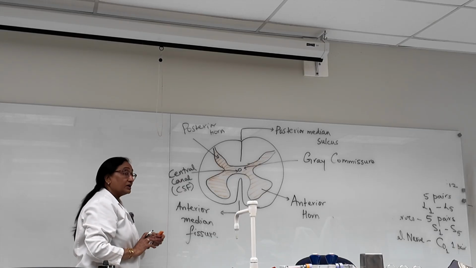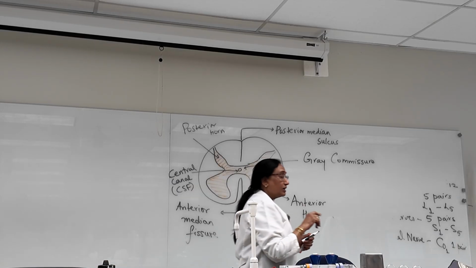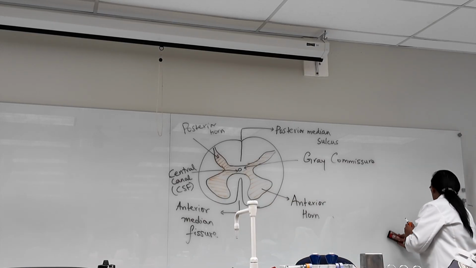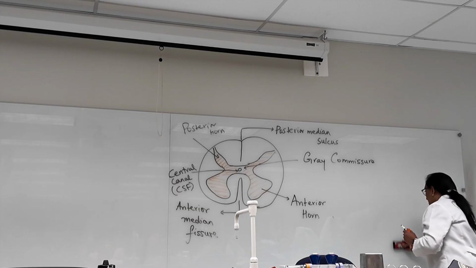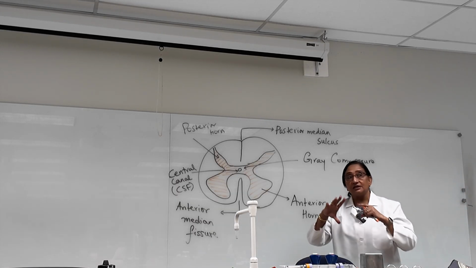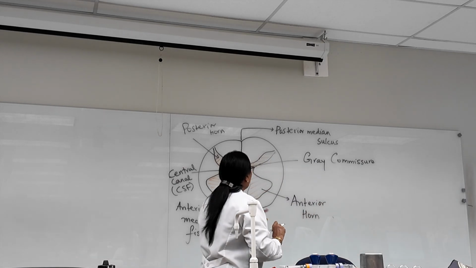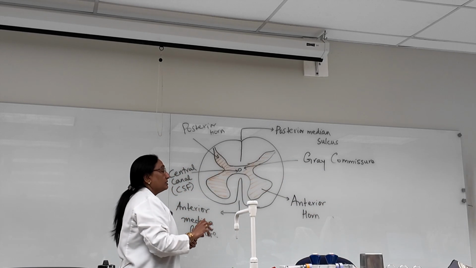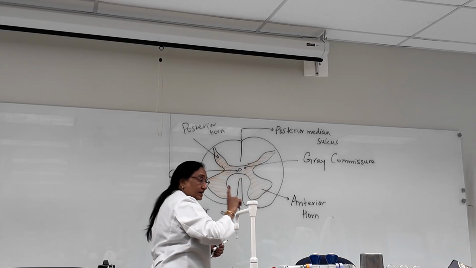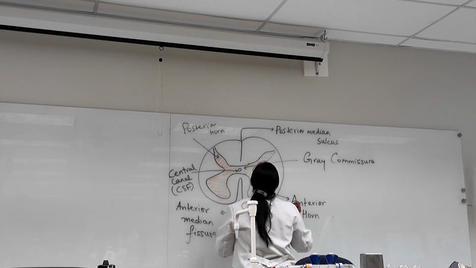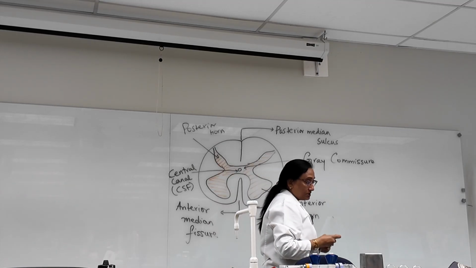So now let's look at the gray matter. It's important to understand what is anterior horn, what is posterior horn. So you know that a pair of spinal nerves emerges from the spinal cord. I'm just going to draw one side of it. The same thing will be on the other side as well.